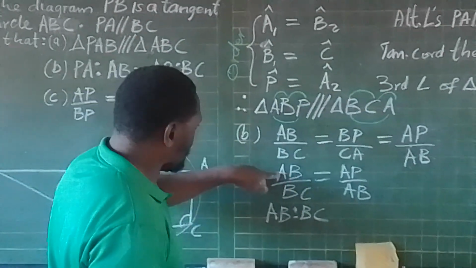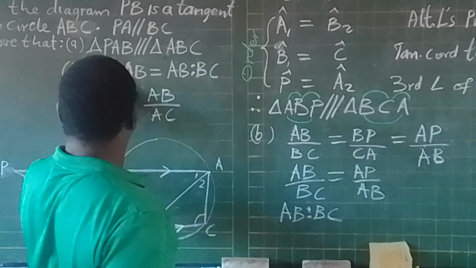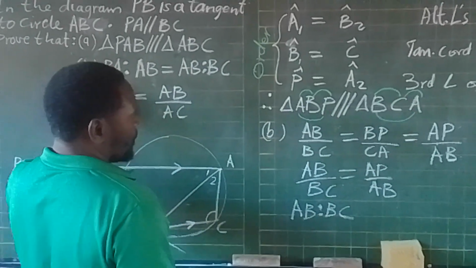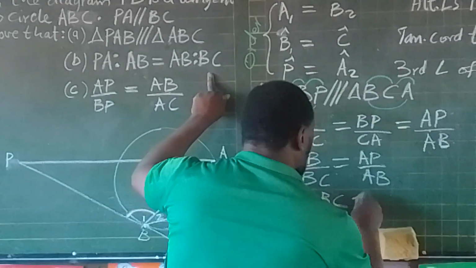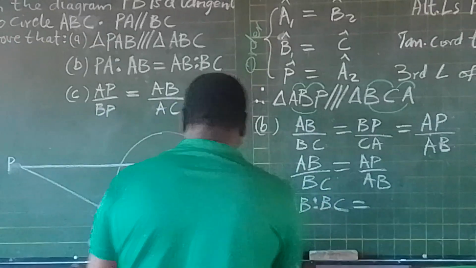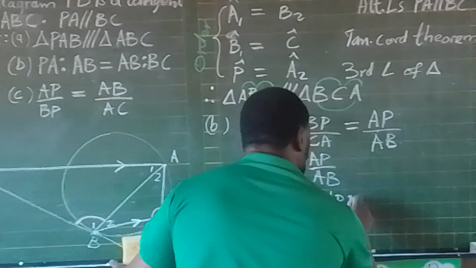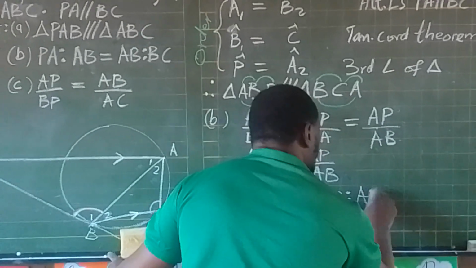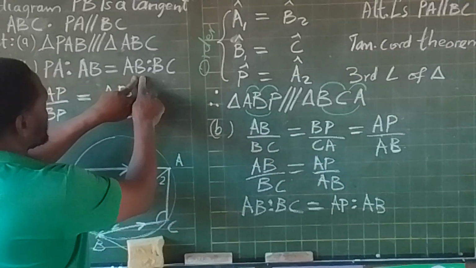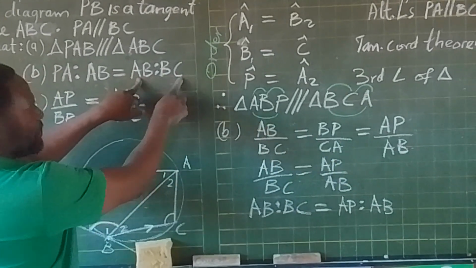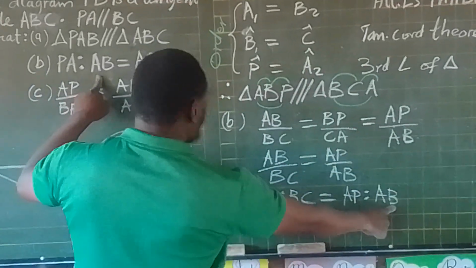It's AB divided by BC, which must be equal to AP divided by AB. You see, this AB and AB, BC, AB, BC, PA, AB, PA, AB.